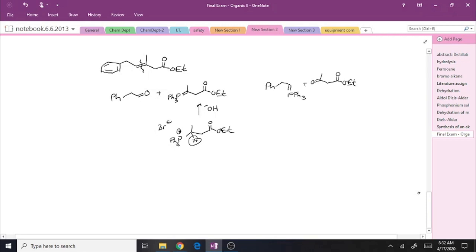That gives the ylide, which then reacts with the carbonyl. And likewise, if we ask you how we made this, you should be able to determine, well, that would have been made as we did with our phosphonium salt that we made from the alkyl halide. So this would have been a bromide there, and the reactant then would have been triphenylphosphine.